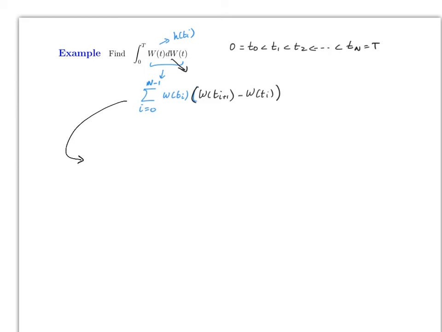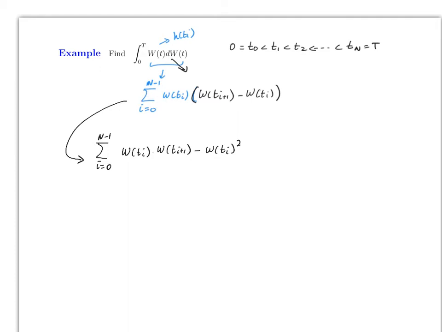But before we do that, notice that this is the same thing as the sum of W(t_i) times W(t_{i+1}), and you distribute, minus W(t_i) squared.